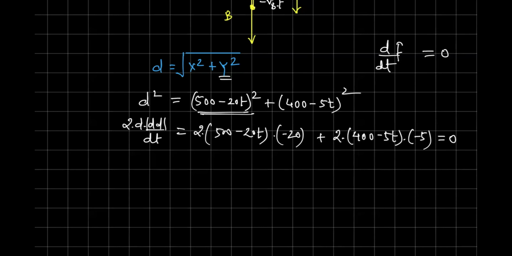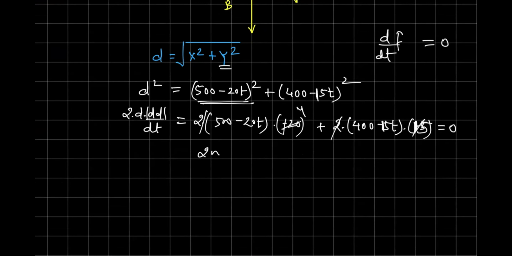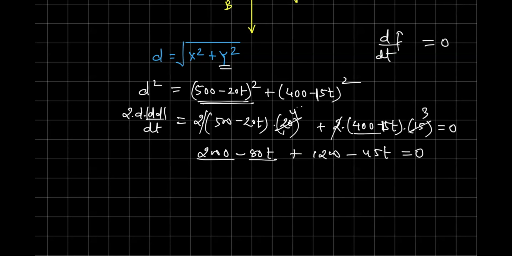So what will happen? You will find out the time when the separation is going to be minimum. You will get 2000 minus 80t plus 1200 minus 45t is equal to 0. So you'll get 45 plus 80, that is 125t, is equal to 3200.